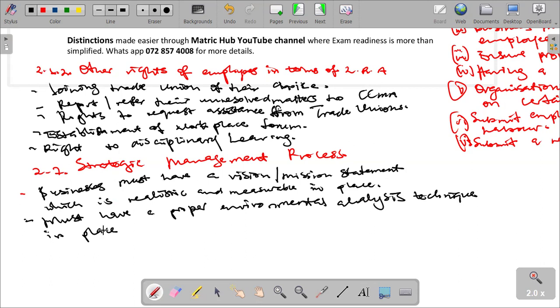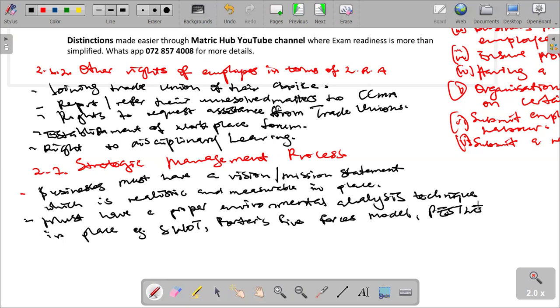A proper environmental analysis should be in place, for example SWOT. It can be SWOT, it can also be Porter's 5 forces model, or it can be PESTEL.